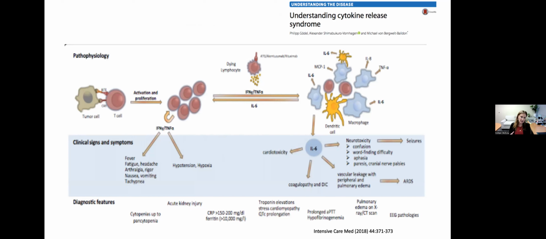So fever is the mainstay of CRS, but you get fever, fatigue, headache, myalgias, rigors. You can then develop hypotension, can cause acute kidney injury.